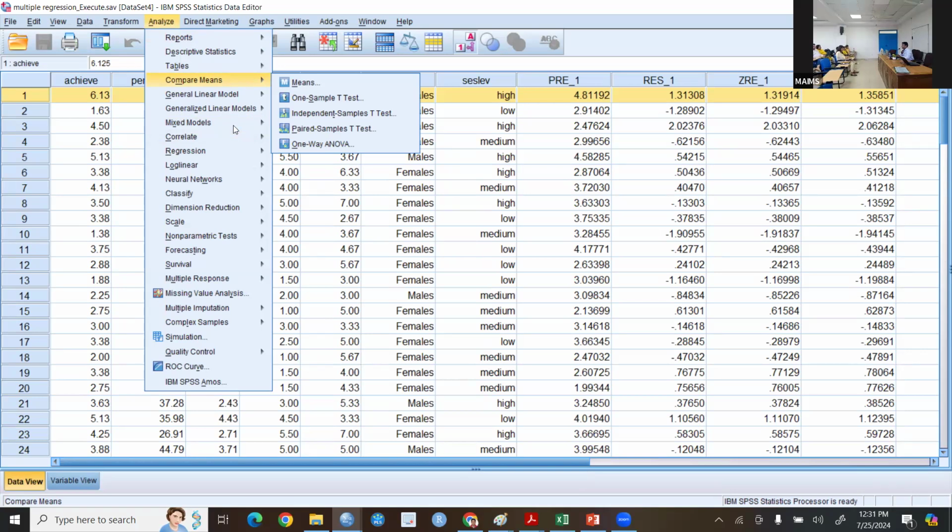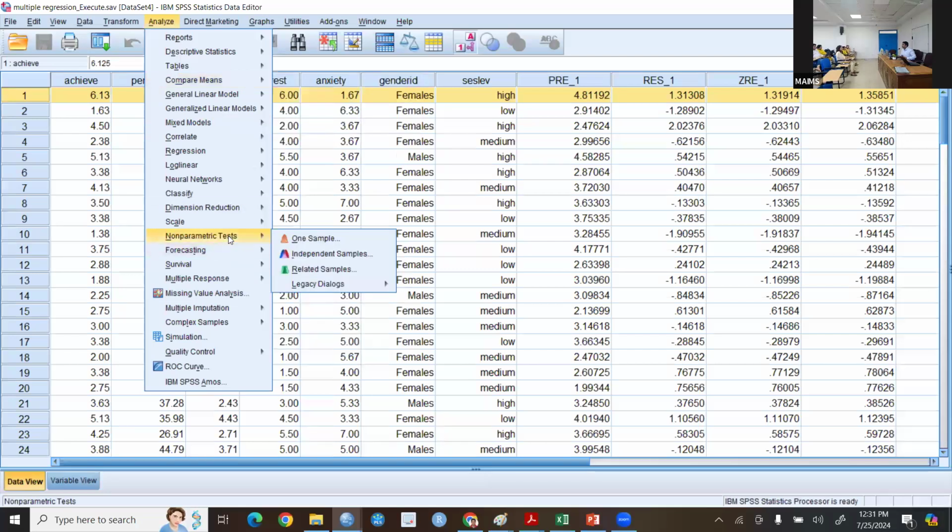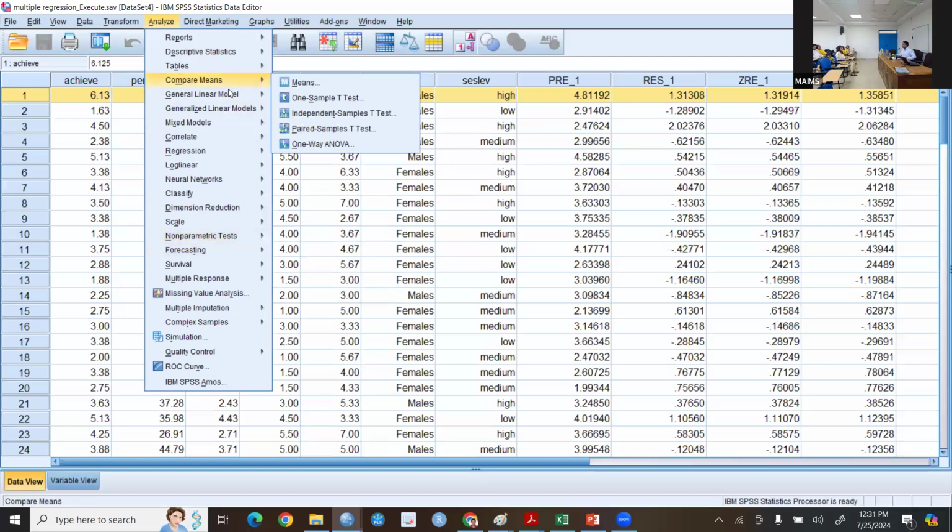I'm working with mean. I'm not working with median. For median, there is a non-parametric test. These are working with medians. This option is working with medians, but this option is working with means. So the basic difference of mean and median must be known to you. So in this PPT, I have given figures also so that you can understand why median is important, why mean is important.